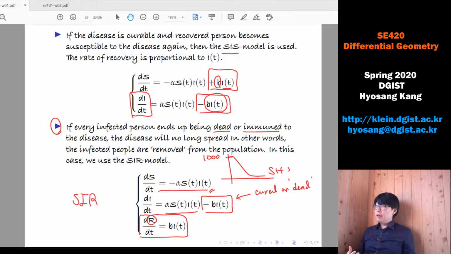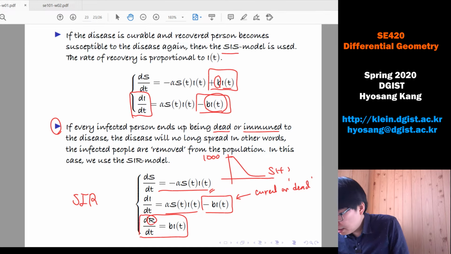And then this epidemic ends when everyone has been infected at once, and the number of infected people starts from zero and goes up, not to 1,000, sorry, because at the same time they are removed, cured or dead.